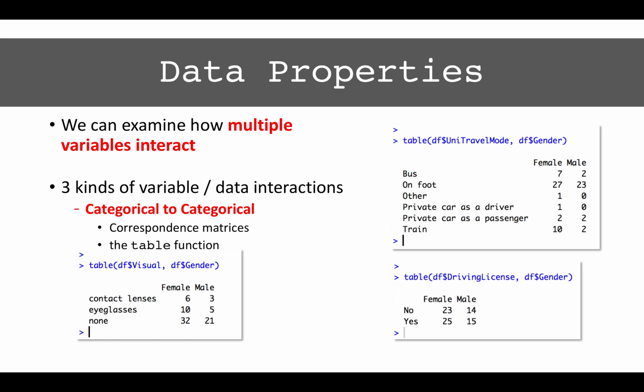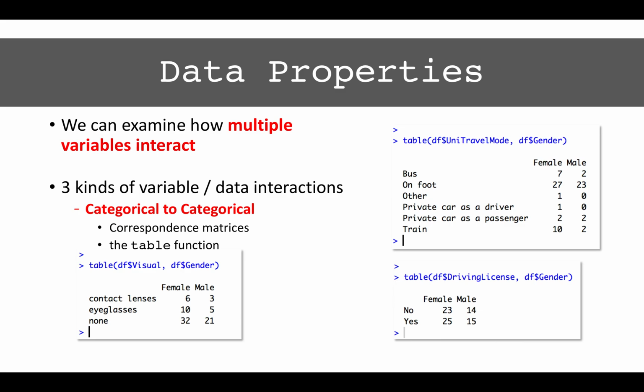A second kind of interaction is between different sets of categorical variables. Here I've given three examples: gender against visual, gender against travel mode, and gender against driving licenses. Essentially these are called correspondence matrices. The classic way of examining the interaction between two categorical variables is to do a table of counts, called the correspondence matrix.